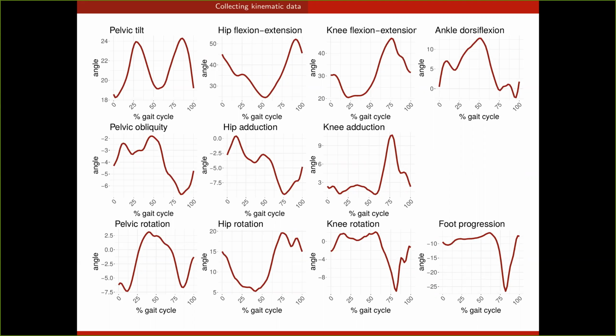Interestingly, in medical practice, doctors can make decisions directly from these curves. For example, if the knee flexion extension range of motion is small, so the angle doesn't move that much, it means that they walk in so-called crouch, so they have their knees bent, and over time it gets more and more bent, and then, as I was mentioning, they end up in a wheelchair.